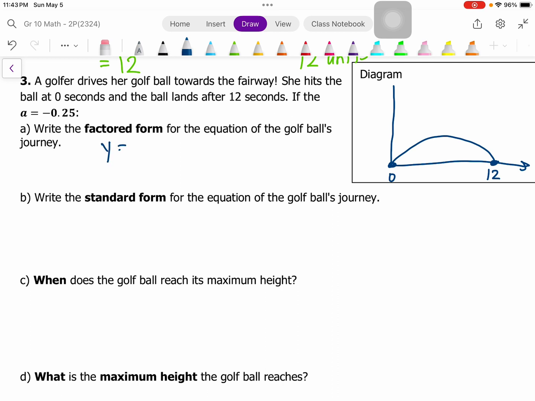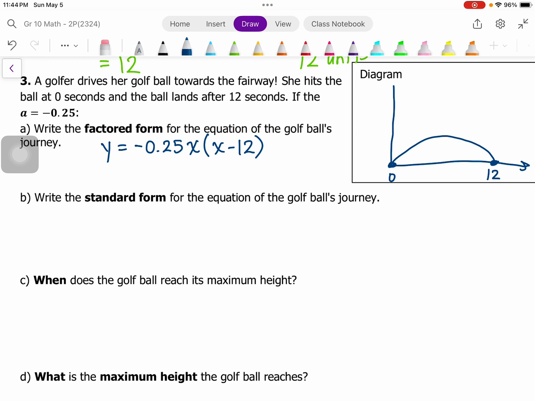So y equals A, that's -0.25, times x minus r. So our first 0 is 0. Now remember, x subtract 0 is just x, and that means I actually don't need that bracket. So there's my first one, x minus 0. And my second one is x subtract 12. So there is factored form of the equation to show the golf ball's pathway.